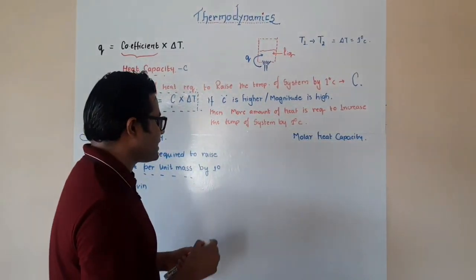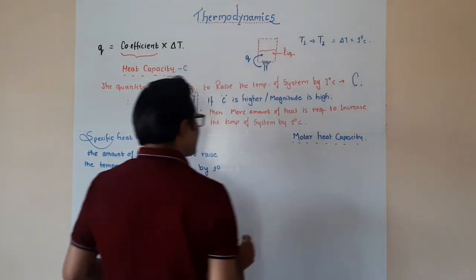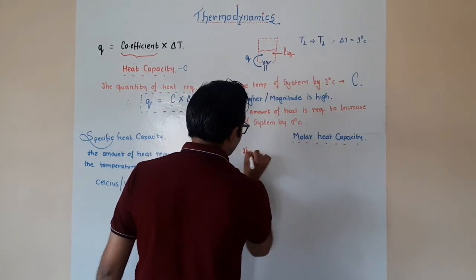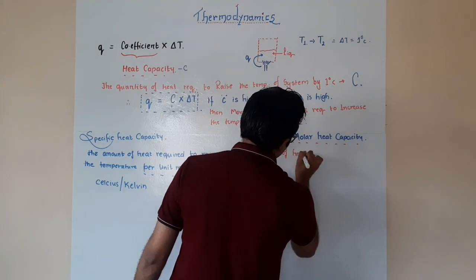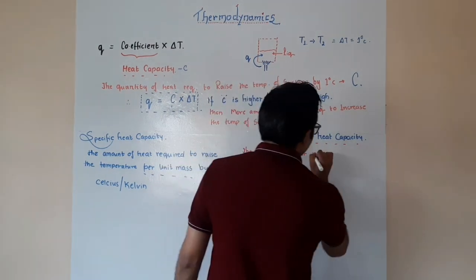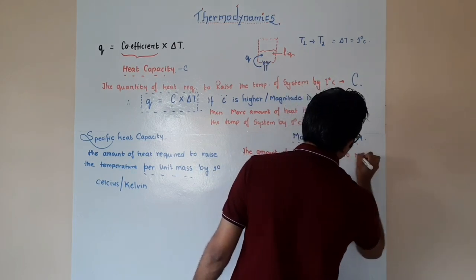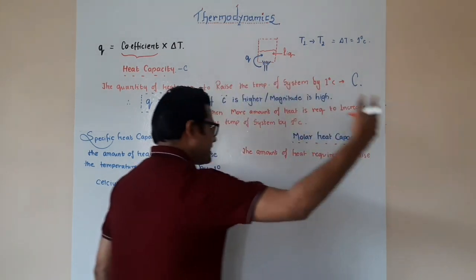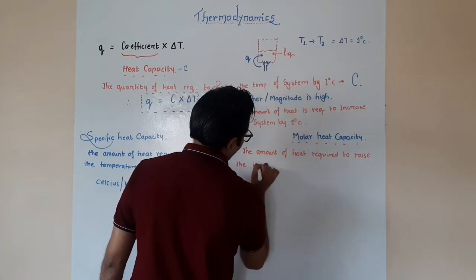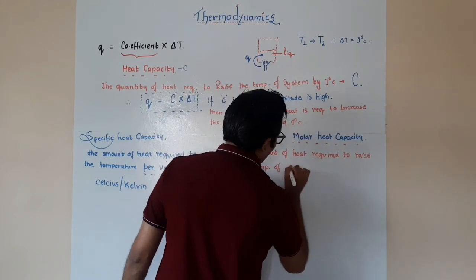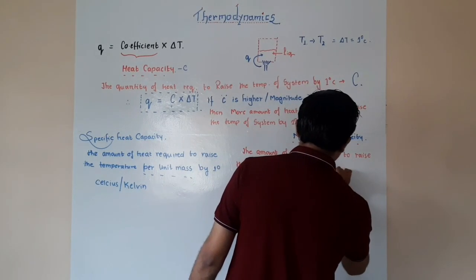While on the other hand, molar heat capacity is nothing more than the amount of heat required to raise, or increase, the temperature of a 1 mole system.